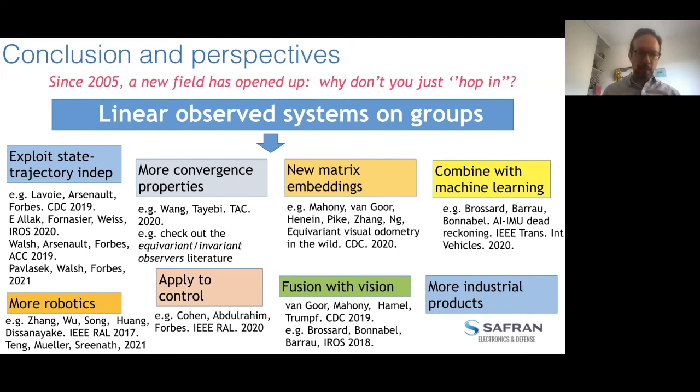Of course, the fusion with vision is an important problem in robotics, and so on. And why not apply this to control? There's a very nice article by James and co-authors in 2020, where they used SE_2(3), the matrix embedding for inertial navigation, for control, and the results are very interesting, and maybe we should pursue also in this direction.